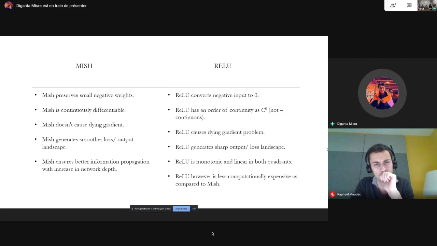Mish has an order of continuity of infinity, so it is continuously differentiable, while ReLU is not continuous.